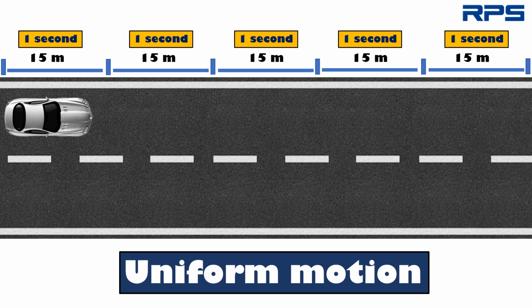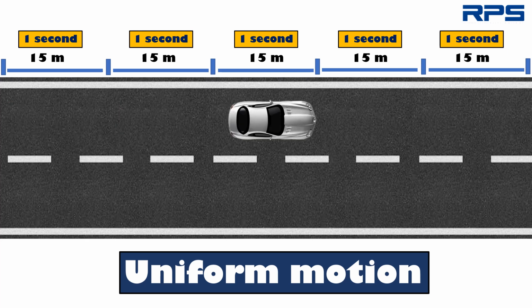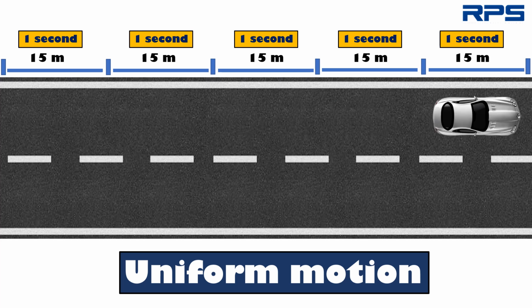Here, each time interval is equal to 1 second and the car covers exactly 15 meters in each second of its journey as shown here. So we can say that the car is in uniform motion and has a constant speed of 15 meters per second.